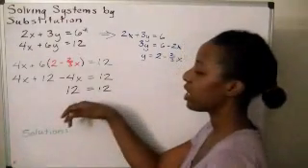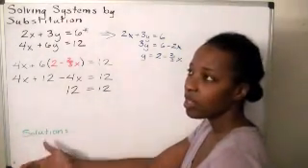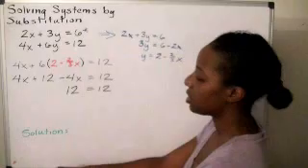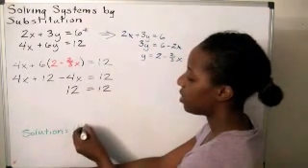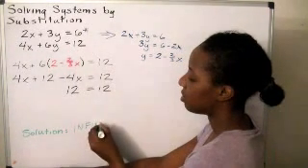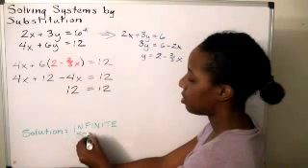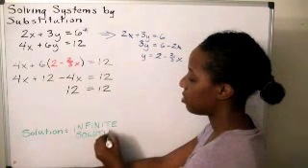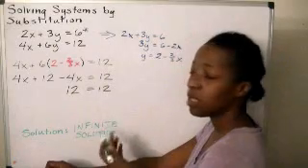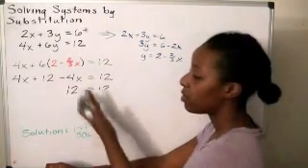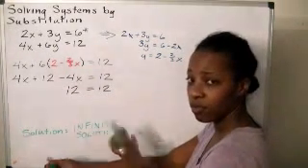And when you have a true statement that 12 equals 12, then that means your solution is infinite. This only happens when you have a number equals itself.